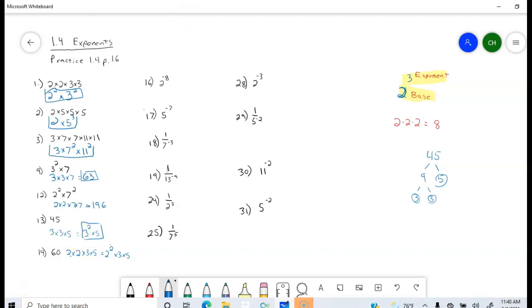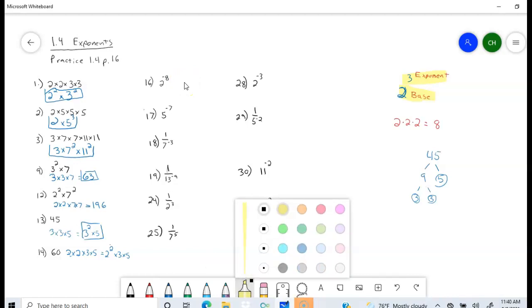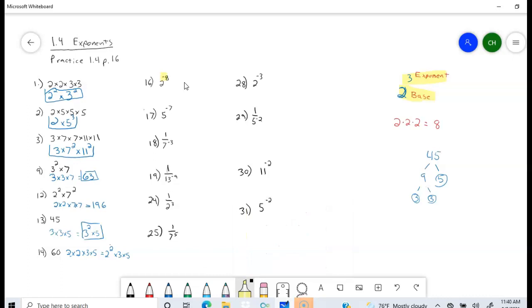Let me see if I can get that to work real quick. Okay, so they have exponents that are negative. So on number 16, notice the negative right there.